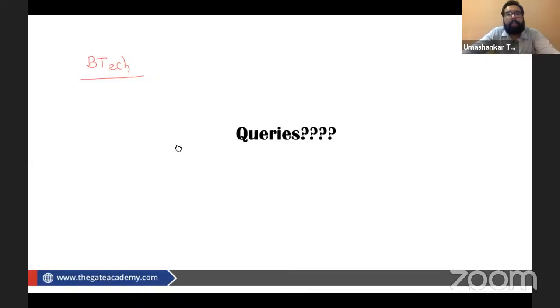Ravi, an important subject requires at least 10 revisions. When you analyze the exam pattern, you know which subject is coming with which marks. At least 10 revisions are required for the subject you started first.